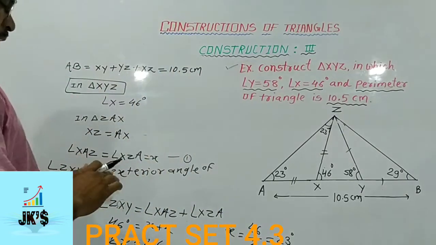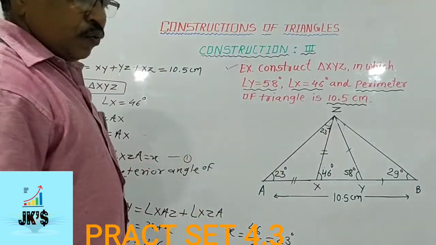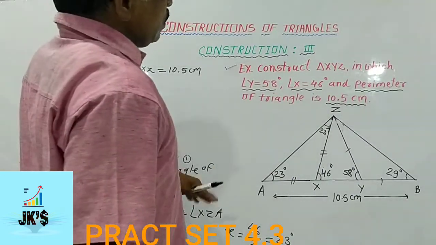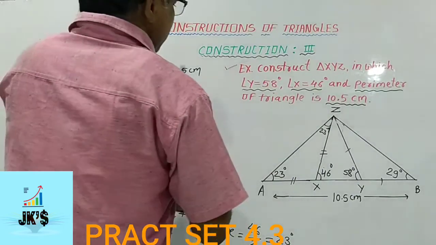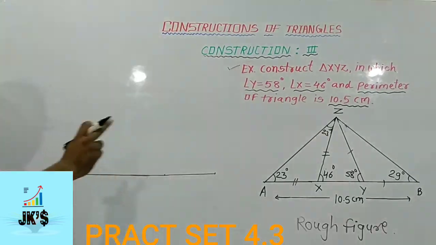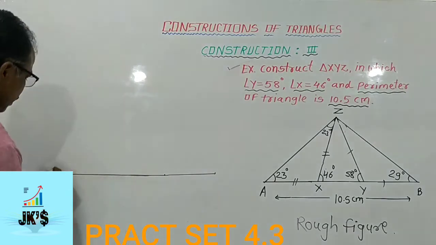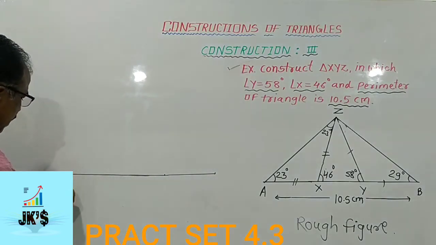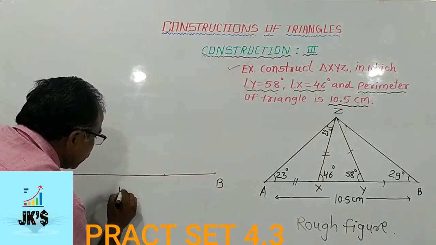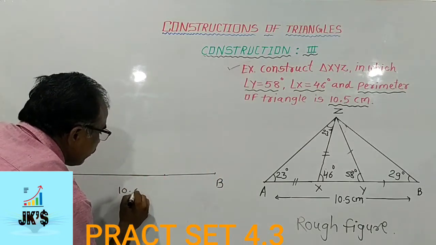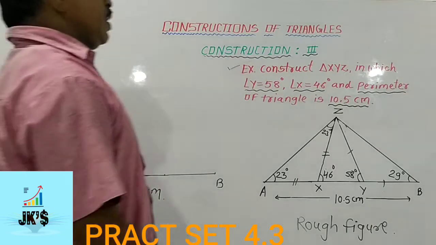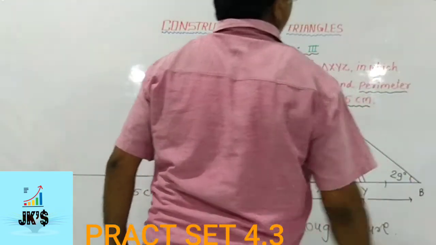Friends, now we are going to construct the given triangle from this. This is our rough figure. Now we take the base AB of length 10.5 centimeter. This is our base, 10.5 centimeter, which equals the perimeter or the sum of all sides.